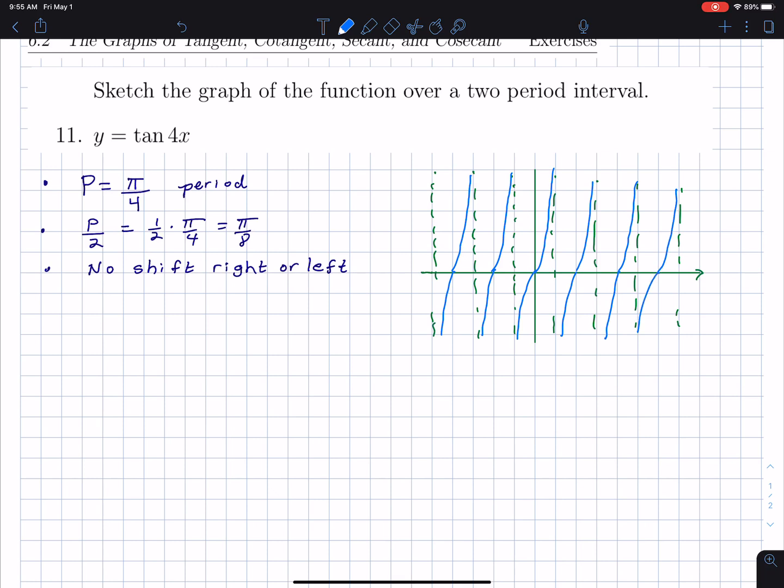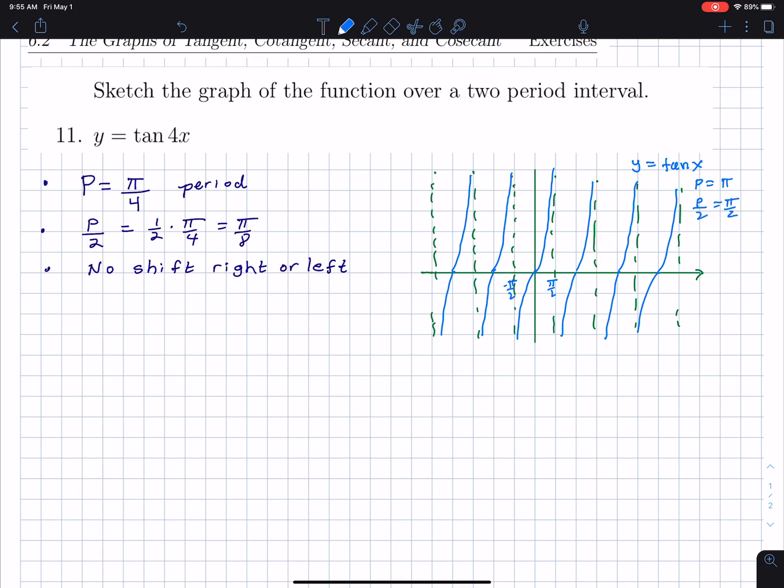All right, here we have pi over 2 and negative pi over 2, and of course 0's in the middle. By the way, this is y equals tan x. The period for tan x is pi, and the half period is pi over 2.